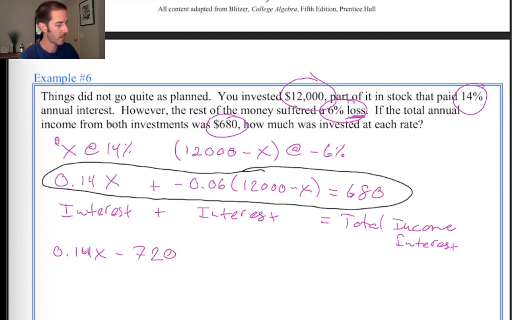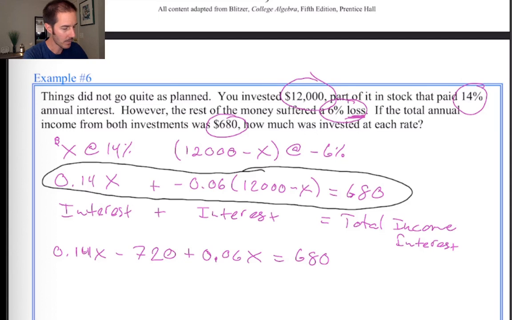I know most of you are feeling me on that. Also, we've got negative 0.06 times negative x. So that turns into a positive 0.06x, and that's equal to the value on the right-hand side, which is still 680.